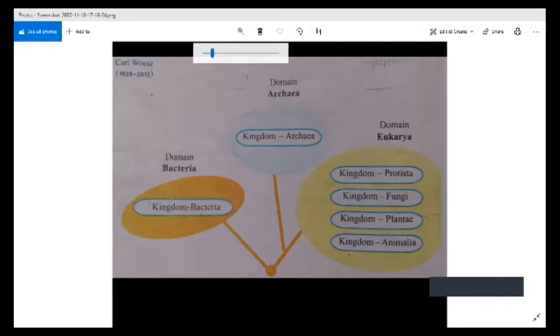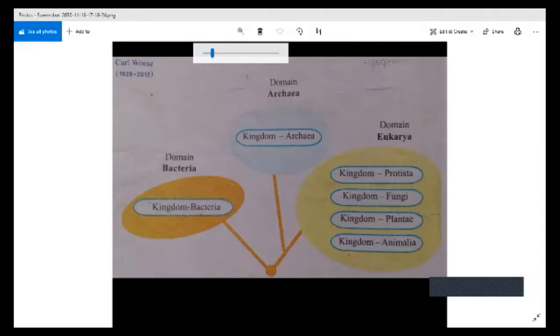That is domain. So for the bacteria, the domain is bacteria, kingdom bacteria. Then about archaebacteria, for them the domain is archaea and kingdom archaea. They come under the kingdom archaea. And under the domain eukarya come the kingdoms: kingdom protista, kingdom fungi, kingdom plantae, and kingdom animalia.